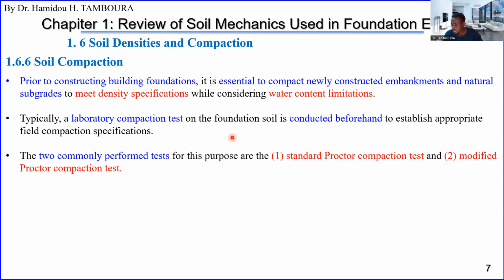The difference between these two is just the compaction energy. The compaction energy in the modified Proctor test is much higher than in the standard Proctor. That's all. You can find more detail in my soil mechanics class.